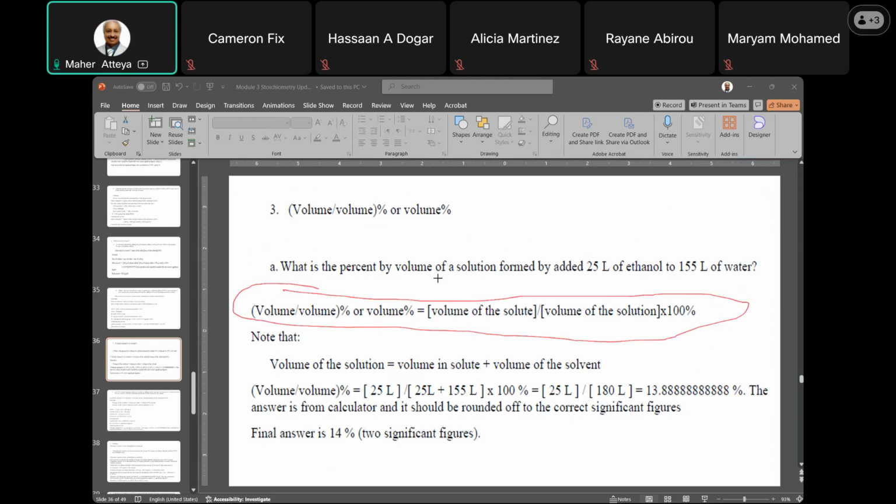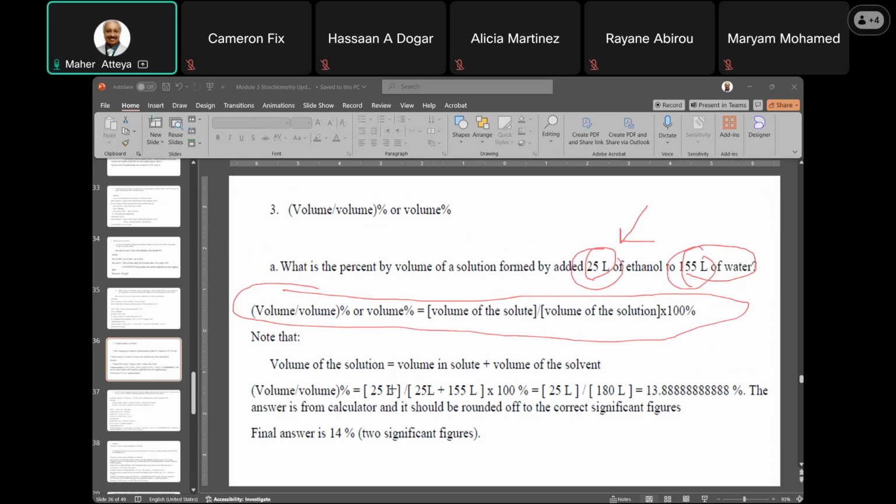It's neat. What is the percentage? Give me the volume of the solute and the volume of the solvent. So the solute volume is on the top, correct? This is the top, the solute volume, divided by the sum of this and this, which will be the volume of the solution.